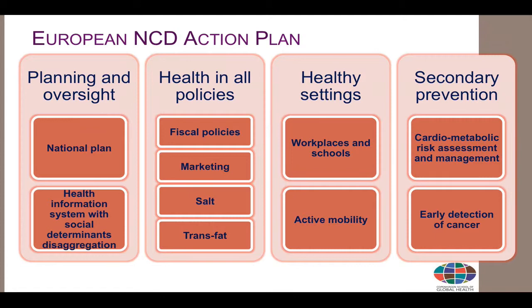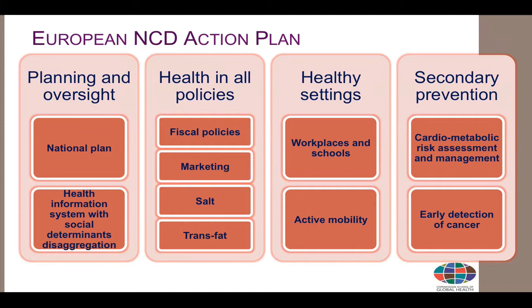So to some extent you have to realize that what is included there might not be included at the UN or WHO headquarter level, because those discussions, as much as they tried to coordinate, to some extent happened independently. This is an interesting plan in its own right, where you see those 4 priority areas: planning and oversight, health in all policies, healthy settings, and secondary prevention.